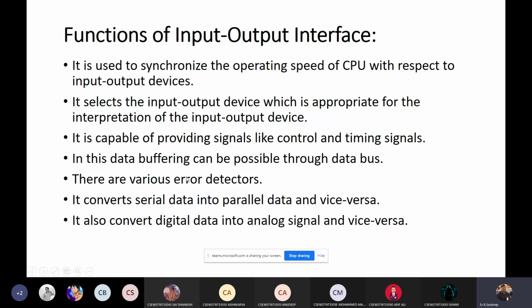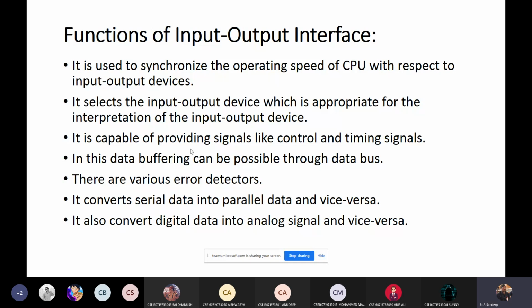The next one is selecting and interpreting the input output devices, which type of device we should use. And it is capable of providing signals like control and timing signals. Control signals are like reading, writing, fetching, decoding. And timing signals tell when we need to initiate the operation and when we need to stop the operation.